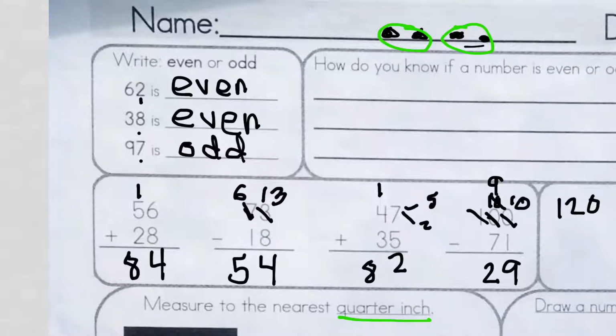So, it wants to know what line this is closest to. Out of those in the middle, is it going to be the 1/4, 1/2, or 3/4? It is closest to the 1/2, but we've already gone 2 whole inches, so we have to include those.